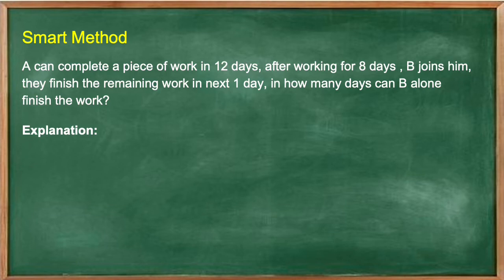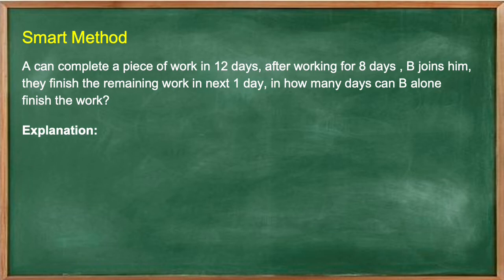Let's understand this approach. See, A can do a work in 12 days, but he works for 8 days and then B joins him. And then these two persons can finish the remaining work in next one day. Now we need to find out the number of days taken by B to finish the work. Let's apply the smart method approach now.